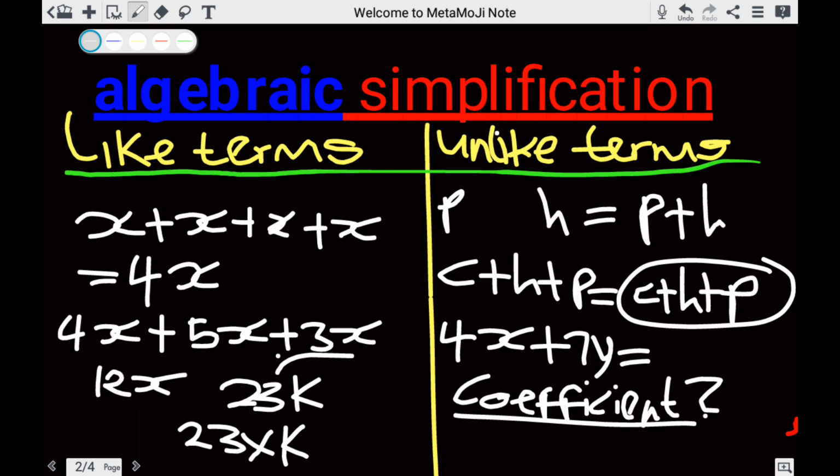There is an invisible multiplication sign that connects 23 and k together. That's why I say that the number that is multiplied to a variable is called the coefficient of the variable. So 23, which is multiplied to k, is called the coefficient of k.